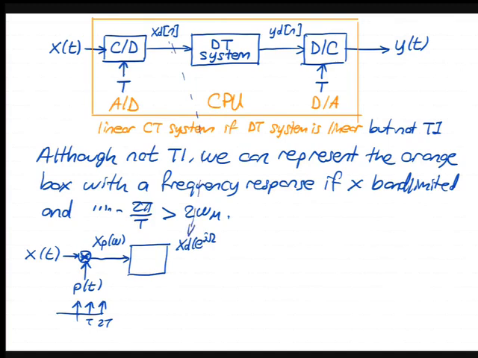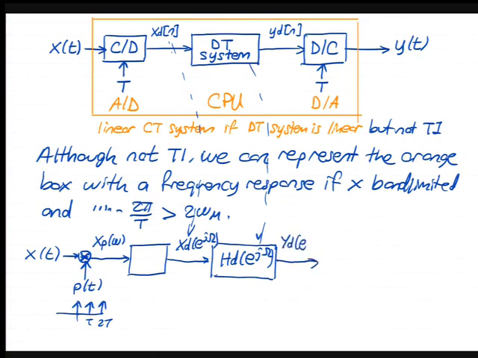I'm talking about the Fourier transform of that, right? And then that will go into the discrete time system, and I'm going to write H_d for the frequency response of this, because it's d for discrete. And I'm again using the capital omega to distinguish from the frequencies. So the DT system is this block, right? And then this gives me Y_d of e to the j omega, which is the Fourier transform of the output signal, right?